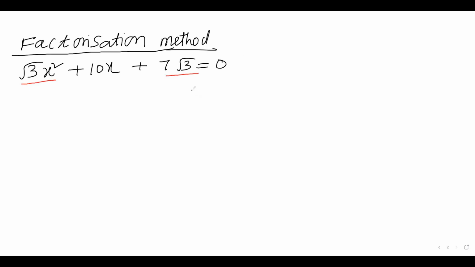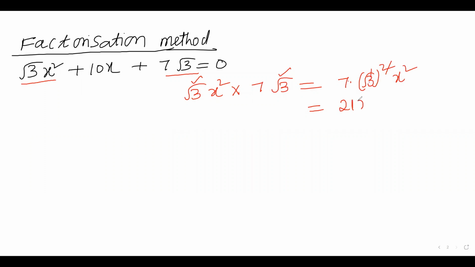We get √3x square into 7√3. 7√3 into √3 is √3 square and x square. So I am getting square and root cancel. 7 3s are 21x square.